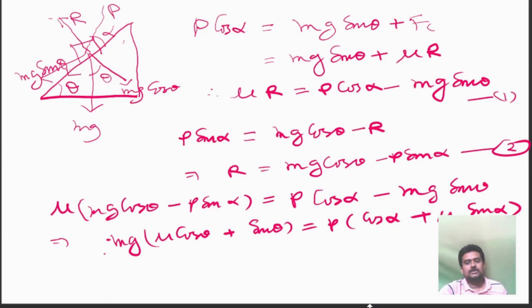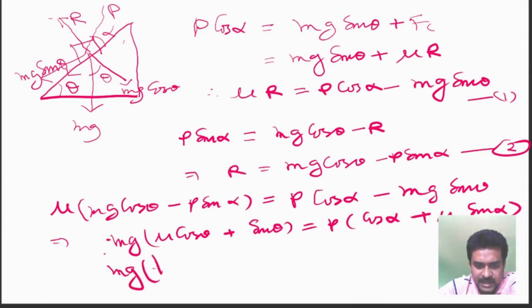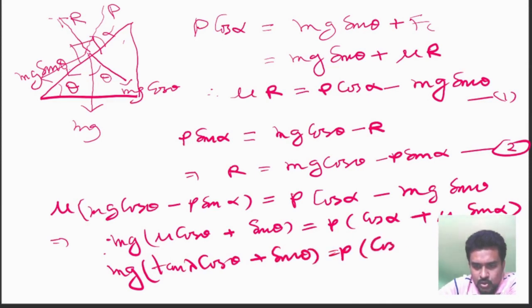So mu, as you proved earlier, mu is tan lambda, and so mg (tan lambda cos theta plus sin theta) is equal to P (cos alpha plus tan lambda sin alpha).